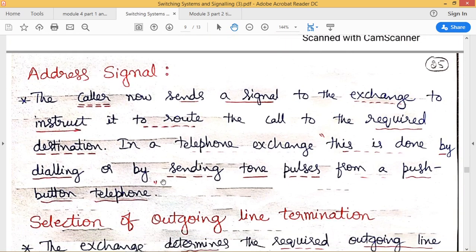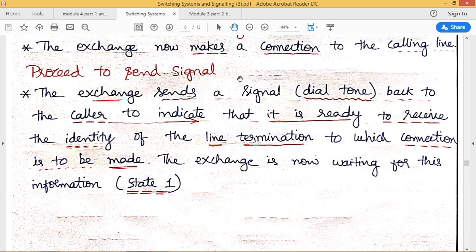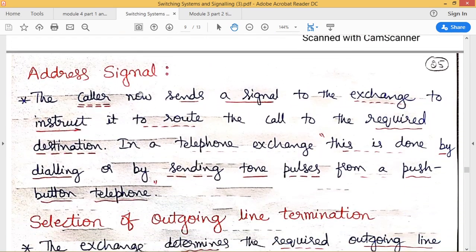Next, once the calling party, that means the person who is making the call, listens to this dial tone, then he enters the address. He sends the address signal.